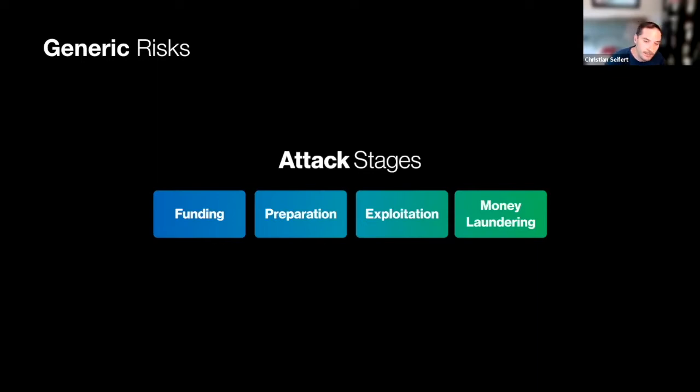It doesn't necessarily mean it's malicious. Obviously, there are many interactions with the protocol that are benign and desired, but it could give that early signal. And so to have comprehensive monitoring on a protocol, we believe there is a layer that is protocol-specific, but there is also this more generic layer that looks at these attack stages.